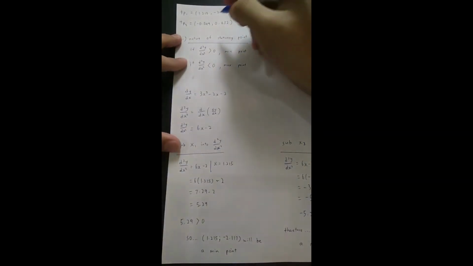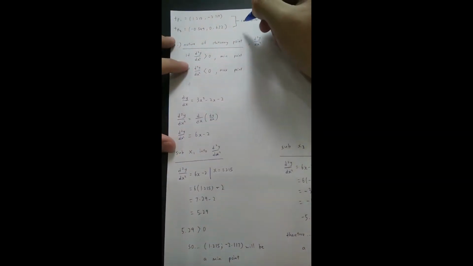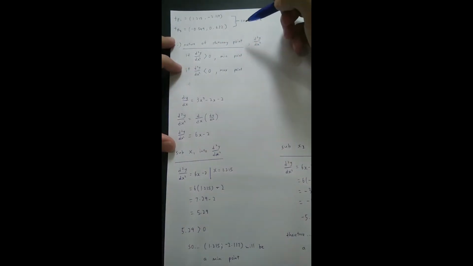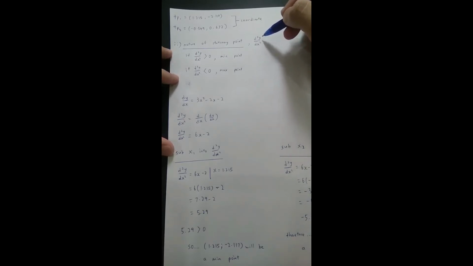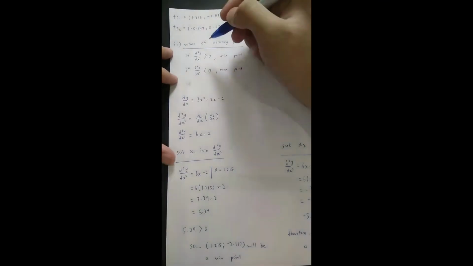Thank you. Now I will explain how to determine the nature of the stationary point. Just now we found the coordinates of the two turning points. Now we will determine the nature of the stationary point using the second derivative, which is d squared y over dx squared.